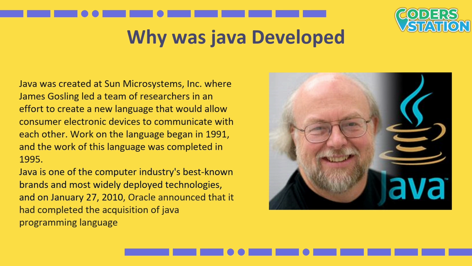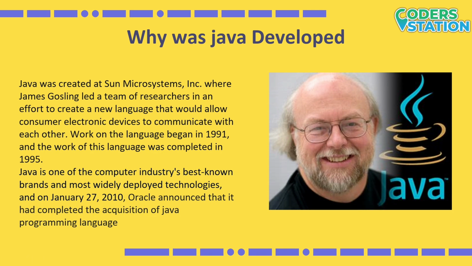The work on this language began in 1991, and was completed in 1995. A very long time taken to create this masterpiece. Java further became so famous that it is now one of the best-known computer languages around the globe, and it is so widely spread that every single technology we use has a bit of it.